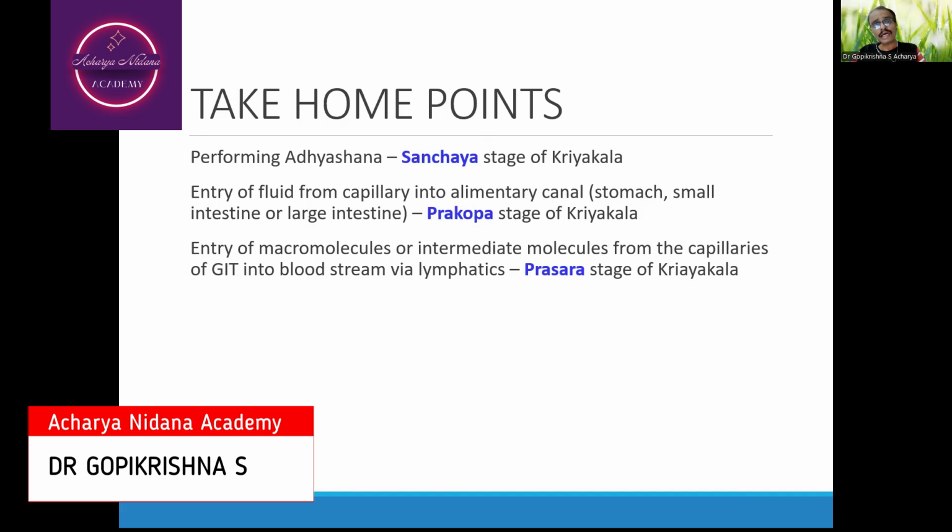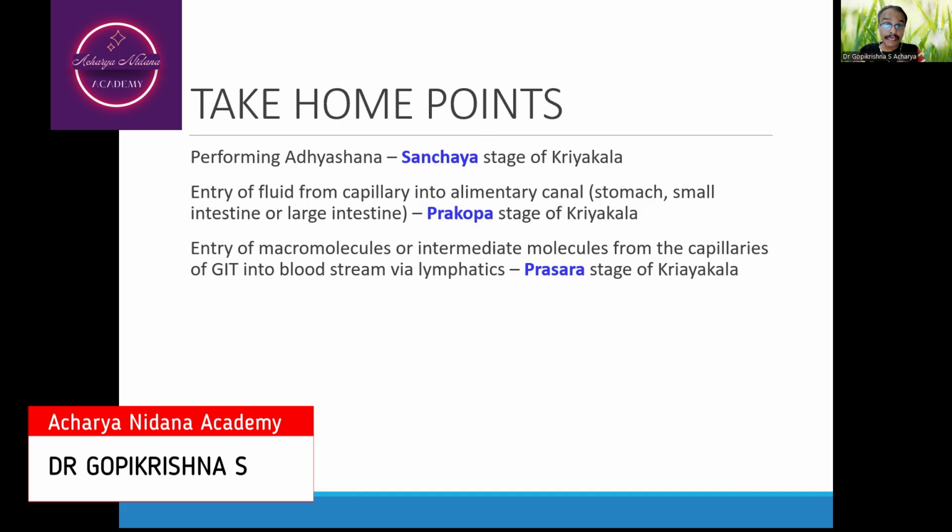Thereby, that will be entering into the intravascular compartment, and depending upon the Nidana, for example, if a person is doing a large amount of walking, more than 3 or 4 kilometers, then these macromolecules go directly into the blood vessels of the lower limb. That is the Sthana Samshraya stage of Kriyakala.